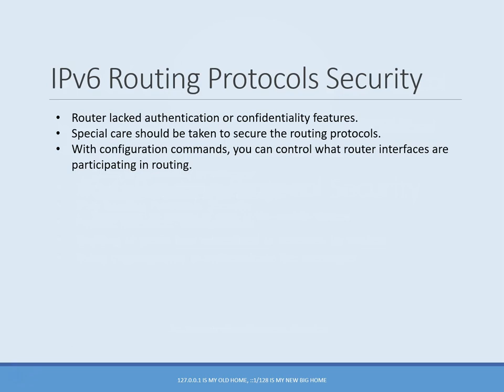Because many routing protocols were not designed to operate in an attacked environment, they initially lacked authentication or confidentiality features, and that is why special care should be taken to secure routers and their routing protocols after we configure the routing protocols.